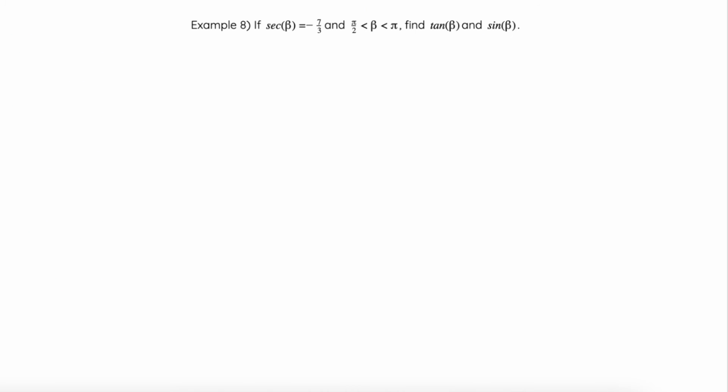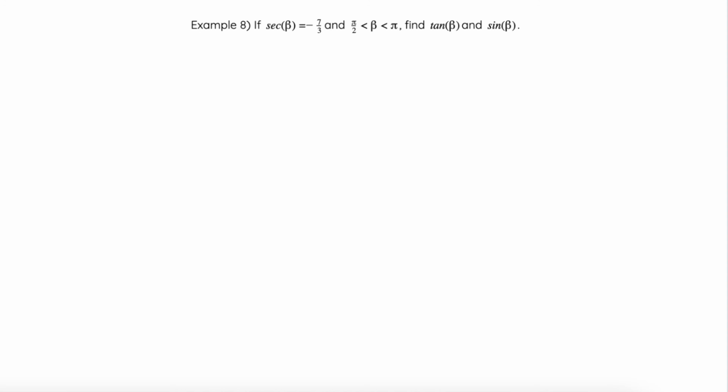And our last example, actually throwing in some radians here. So if secant of beta is -7/3 and our beta is in between pi over 2 and pi, find tangent and find sine. I'm going to use the visual model since many of us, I suspect, are visual. However, you could also use Pythagorean's identity.